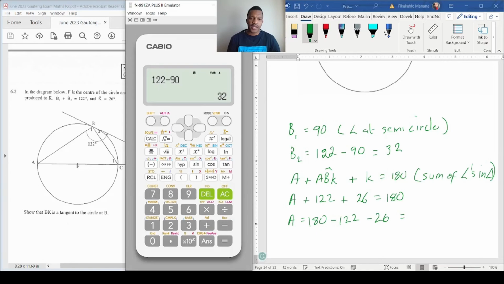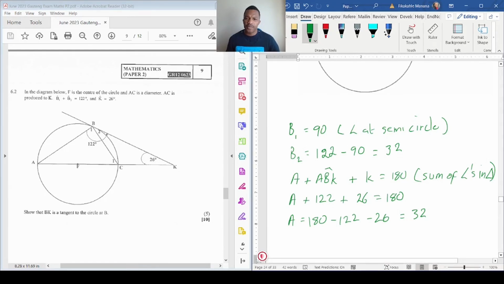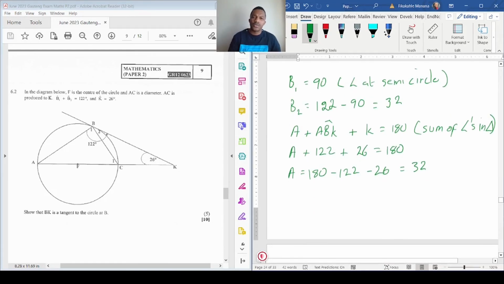Let's see what the calculator says. So it's 180 minus 122 minus 26. And we get 32. Look at that. We've just proved that B2 is equal to A, which are both equal to 32.